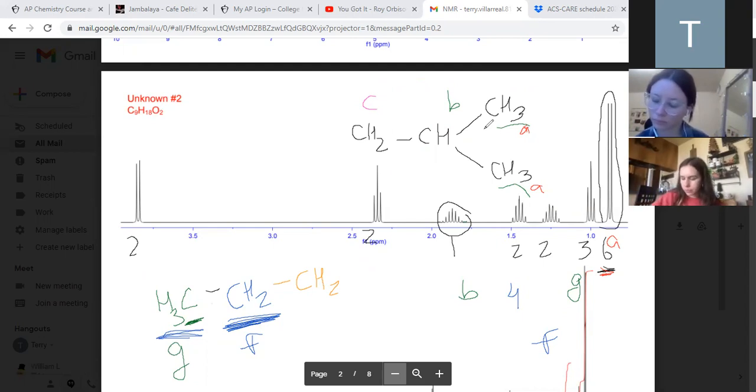So we need to label this peak right here. So how many neighbors does it have right now? 2. It has 2, right? So it could be this one, or it could be this one, right? We don't know yet. If you were a betting person, which one would you go for?